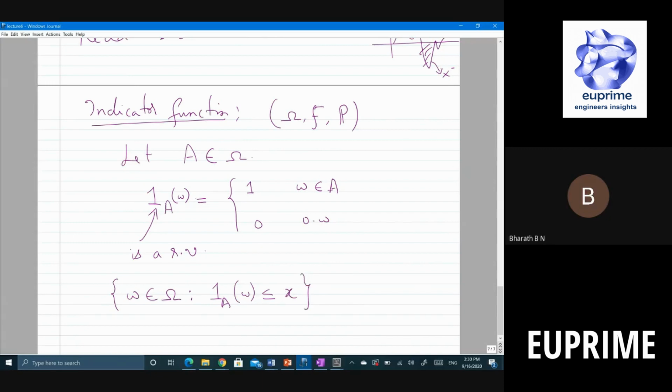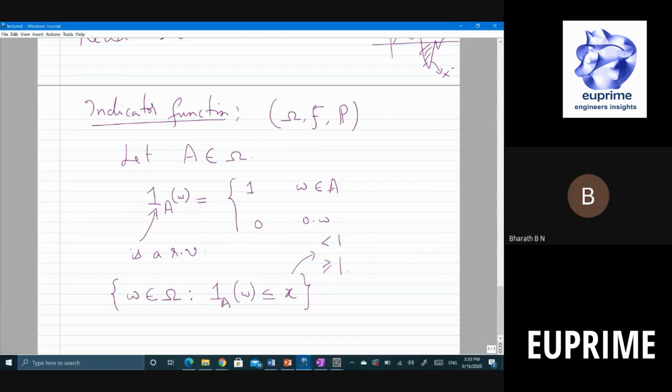Now you pick an x, for example. I can do one of two things: I can pick any x less than 1, or greater than or equal to 1. Whether greater than 1 or less than or equal to 1 doesn't matter, so I can combine the two and say less than 1 or greater than or equal to 1.